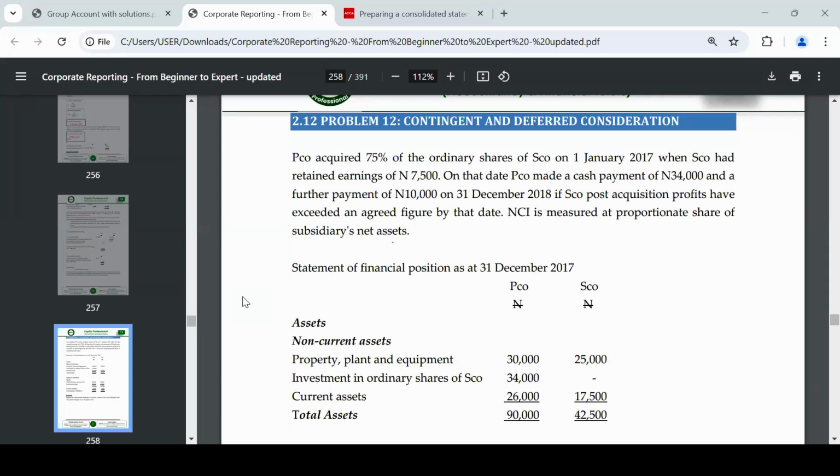Can somebody tell me, is this 10,000 naira future payment a contingent consideration or a deferred consideration? Somebody in the class. I feel like it's deferred. Deferred, okay. Another person? I want to hear from, is it how many, is it 9 of us?